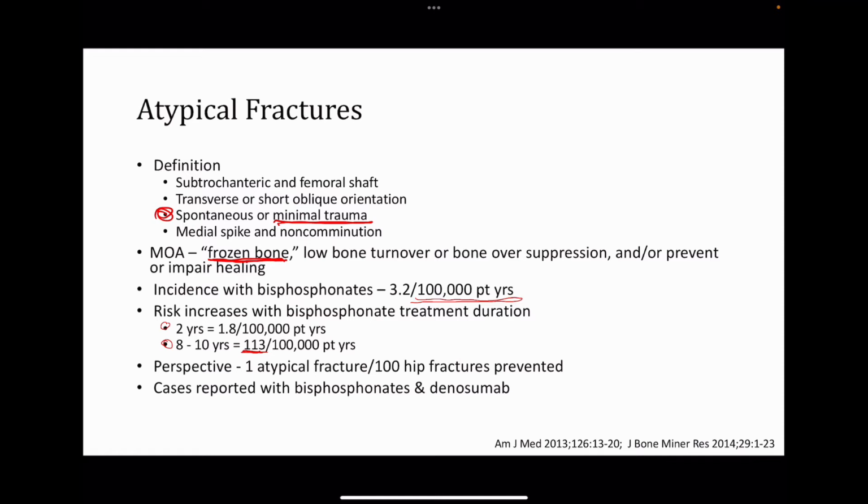For every one atypical fracture that might occur in a patient, which is not what we want, we are at least preventing 100 hip fractures. So when you look at it that way, that one atypical fracture is not likely to happen when you're comparing the benefit of helping with hip fractures, for example. And cases have been reported, as I said, with bisphosphonates, but also with denosumab.